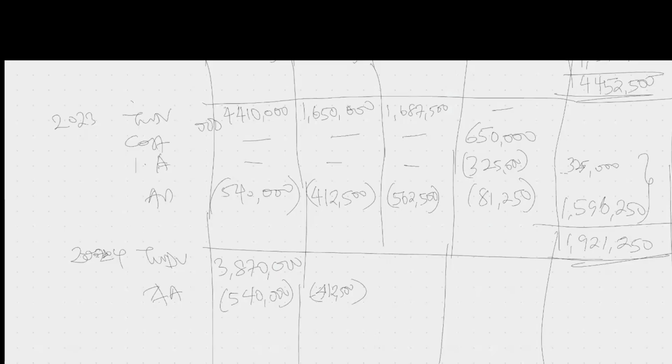Give the tax written down value. I have 253,750. Factory furniture, what do you have? 1 million.